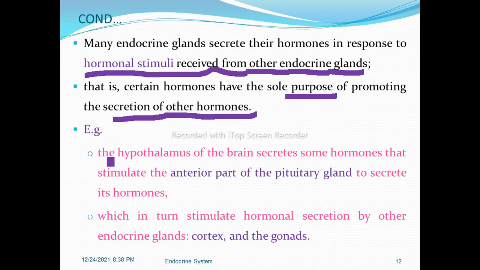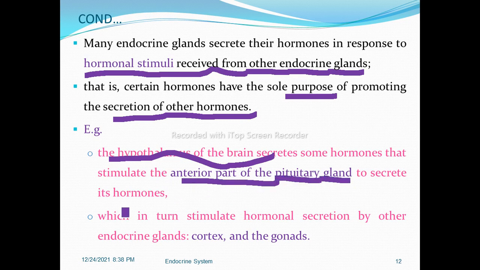An example is the hypothalamus of the brain, which secretes hormones that stimulate the anterior part of the pituitary gland to secrete its hormones, which in turn stimulate hormonal secretion by other endocrine glands like the adrenal cortex and gonads.